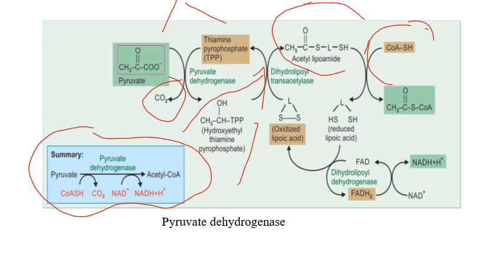The acetyl coenzyme A is then released and enters the TCA cycle. The remaining product is reduced lipoic acid. This step regenerates the oxidized lipoic acid so that we can continue with the reaction. So this is all about the PDH complex reaction.